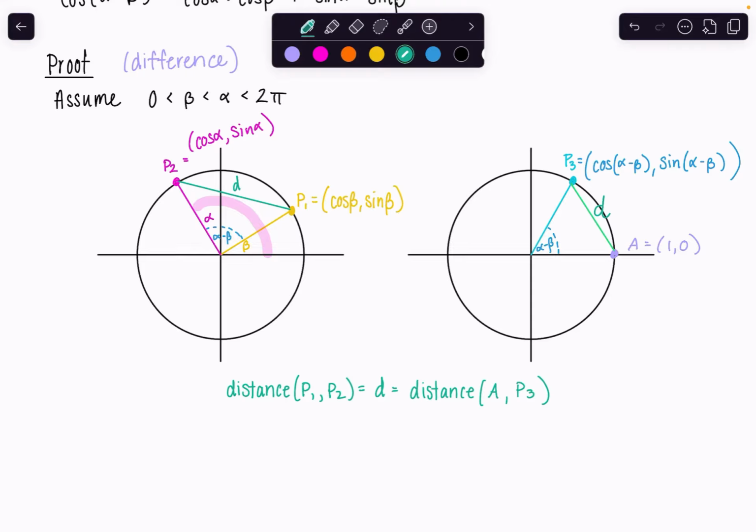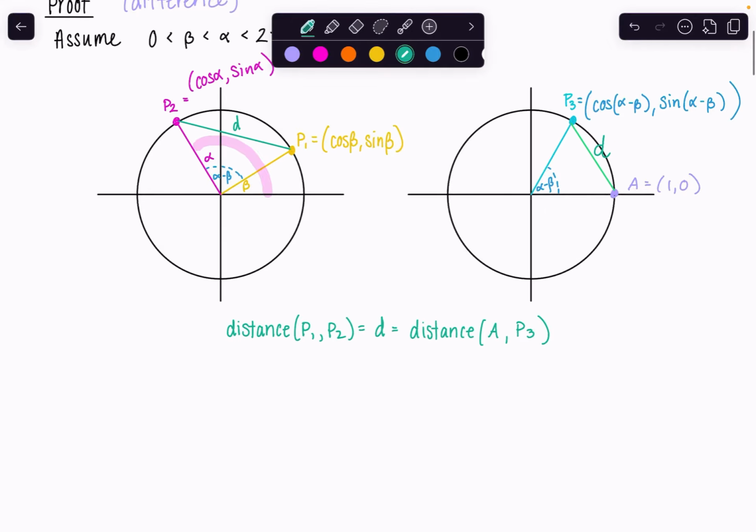So it's the same side of those triangles, okay? So I'm going to utilize my distance formula, and really what I can say is my distance squared is equal. So this way I avoid the square roots, okay? So remember our distance formula is the difference in x values squared plus the difference in y values squared underneath a square root.